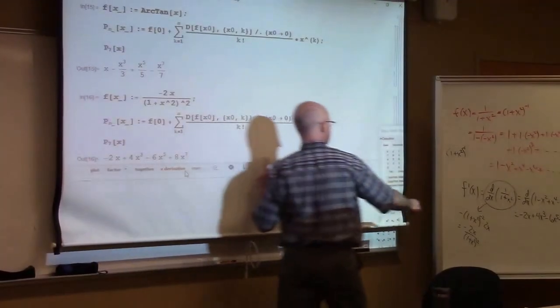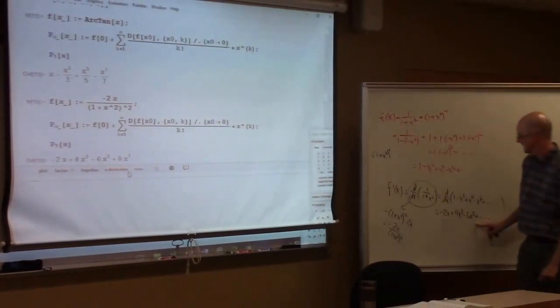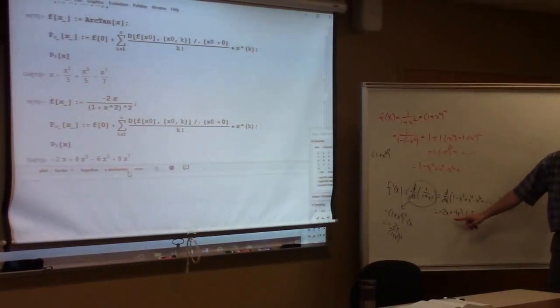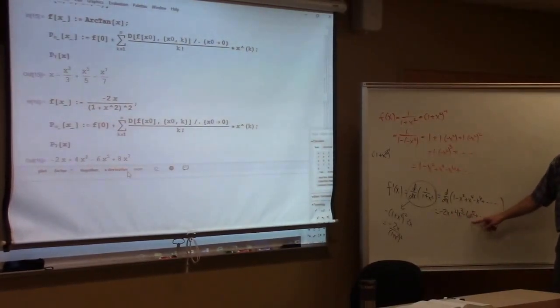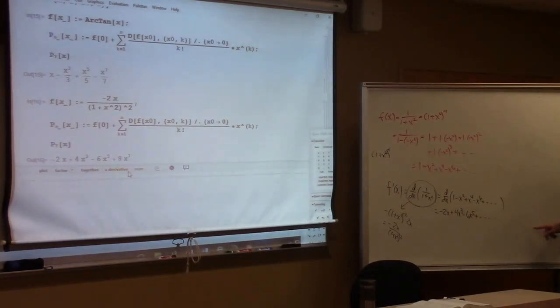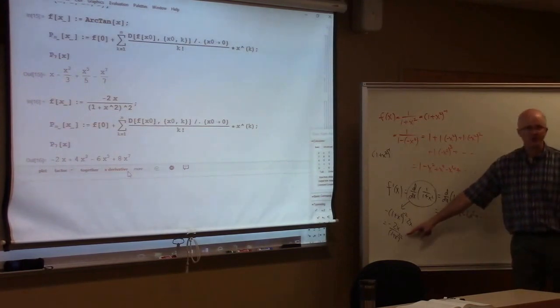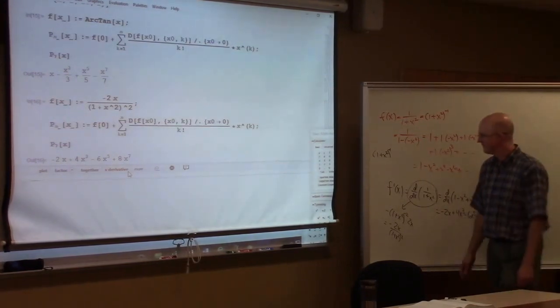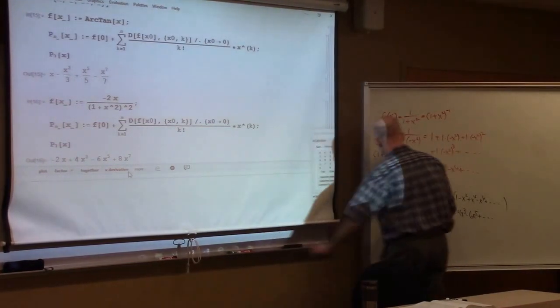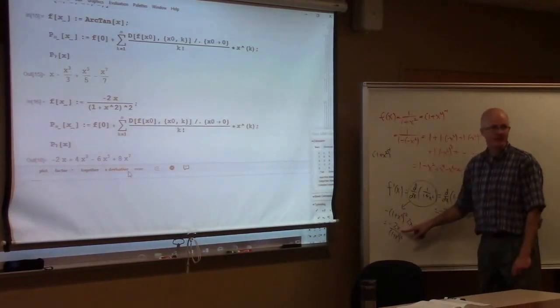Pair this with this. Coefficients for the odd powers of x: -2, 4, -6, 8, -10, 12. It's a match. That's kind of a strange function, though. A simpler function would be to just have a 1 up top instead of a -2x.